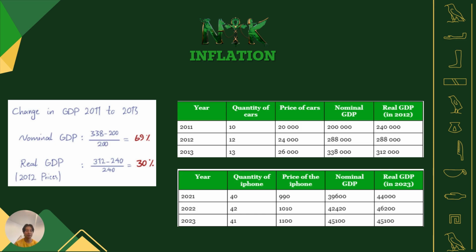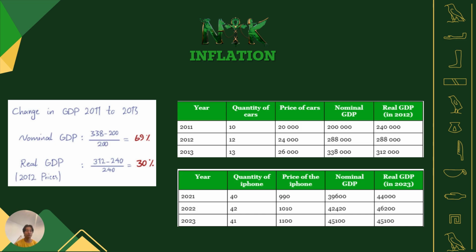So here's an example: the change in GDP from 2011 to 2013. For nominal GDP, what we have to do is first a subtraction: the nominal GDP of 2013 minus the nominal GDP of 2011, and everything over the nominal GDP of 2011. Then we'll find the percentage.